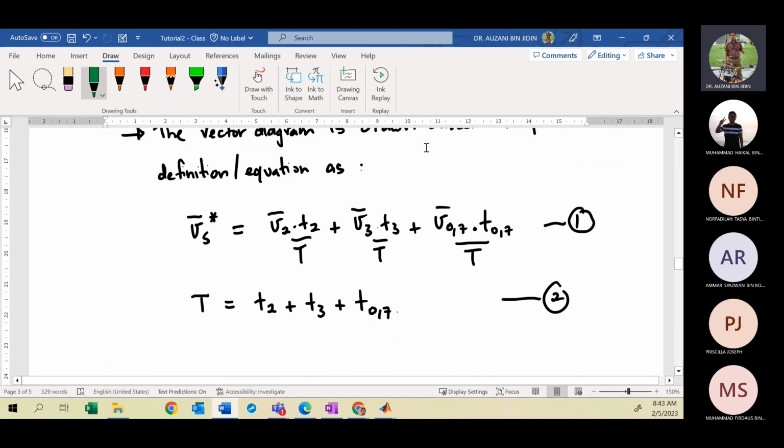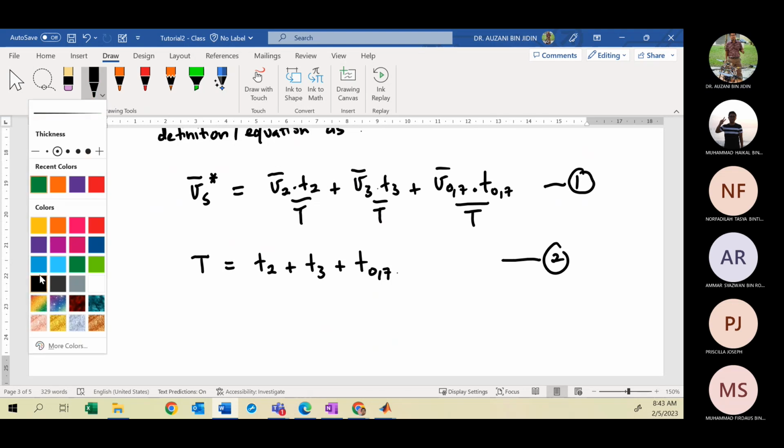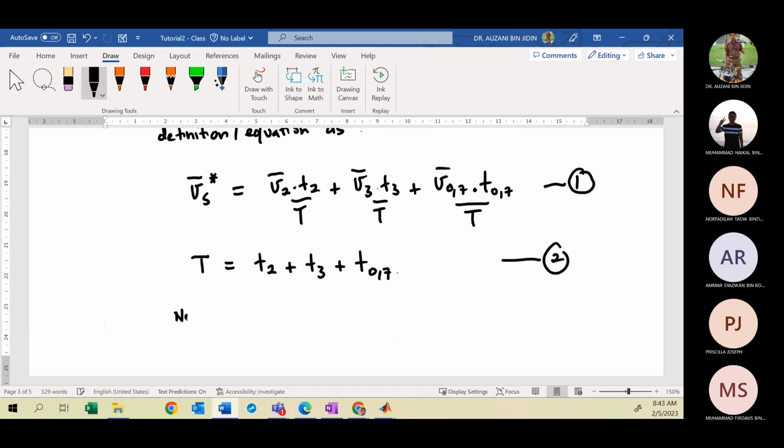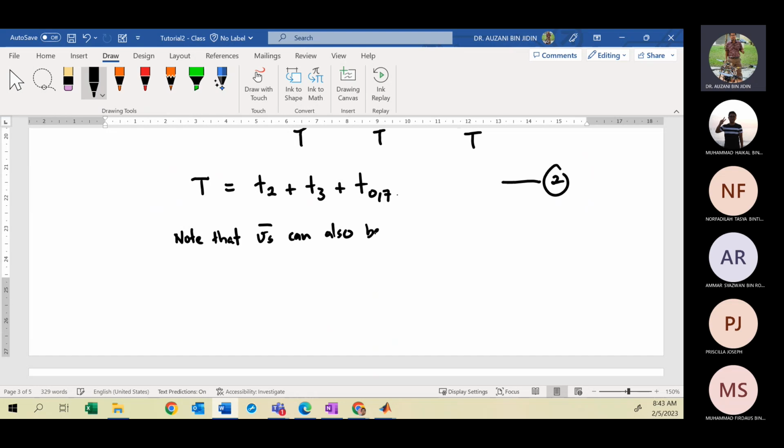Okay, then maybe here I write the statement here. Note that Vs can also be written or expressed into a rectangular form.